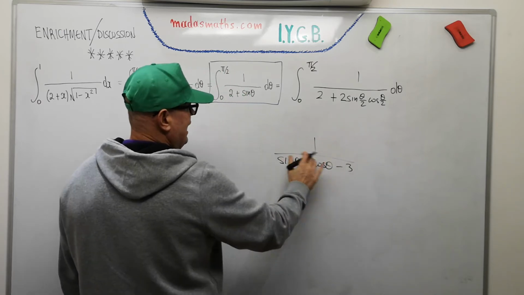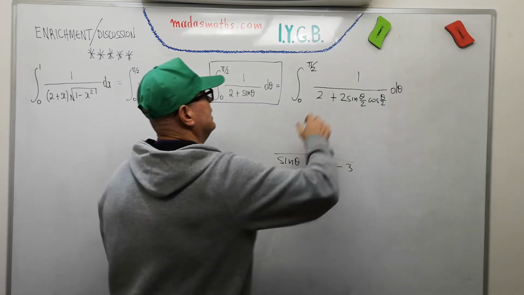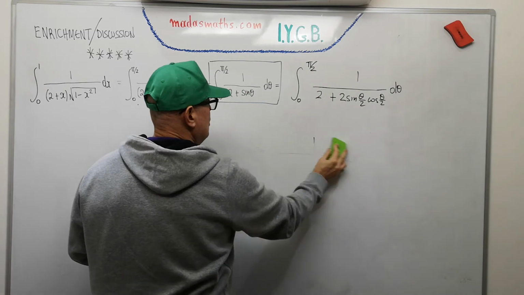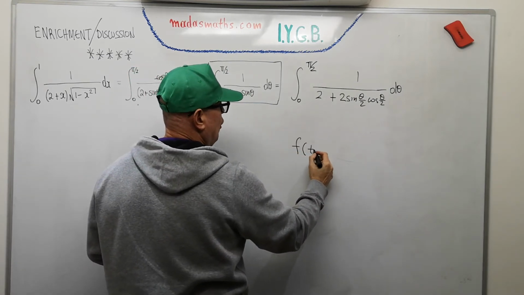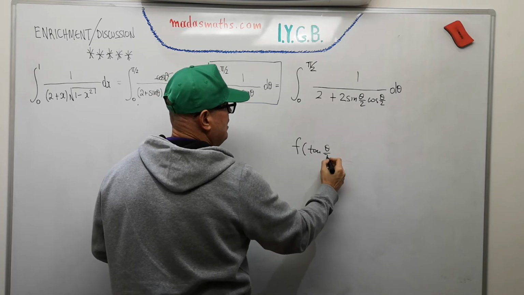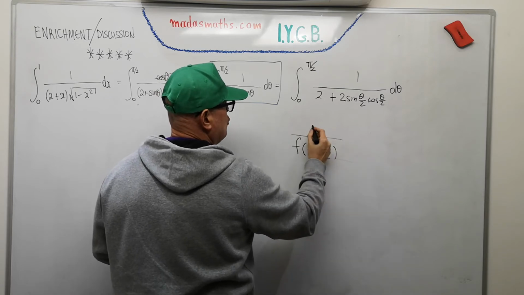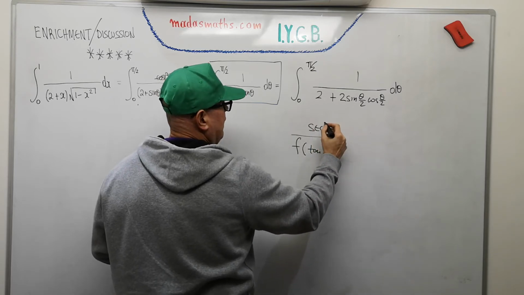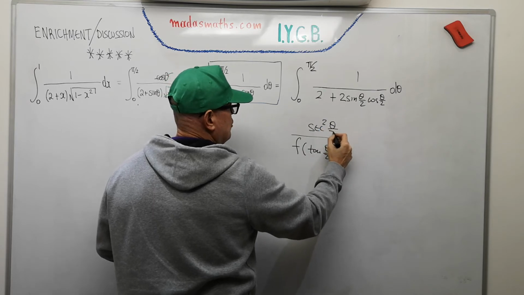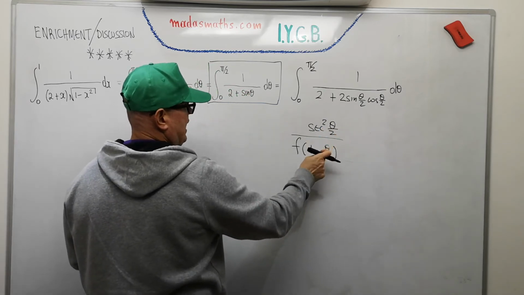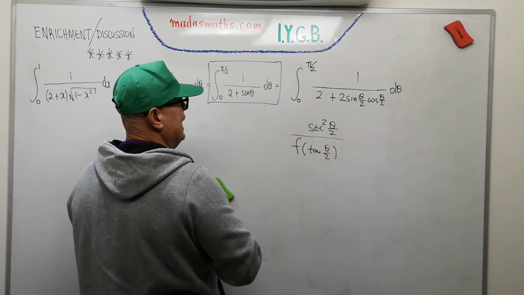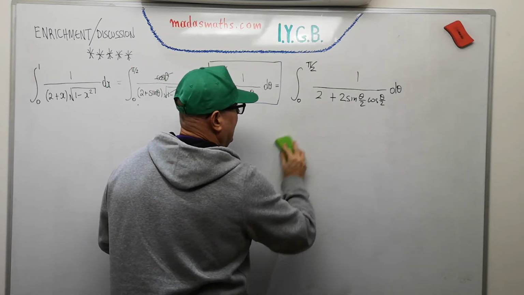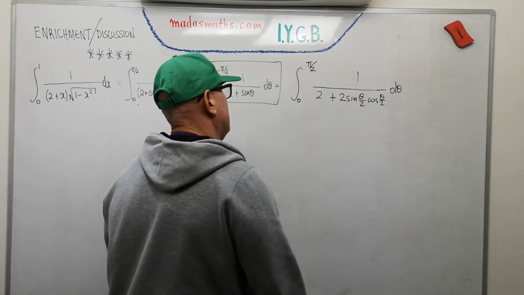When you have linear combinations of these quantities, this manipulation is all about creating a function of tan of theta over 2, and on the top a sec squared of theta over 2, because of course the tan of theta over 2 differentiates to the sec squared of theta over 2, and this is always my objective.